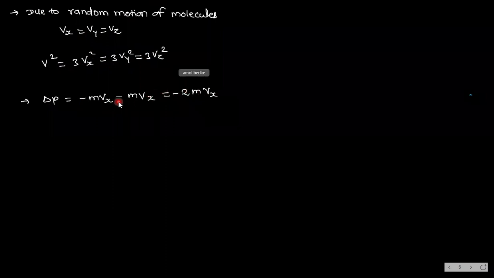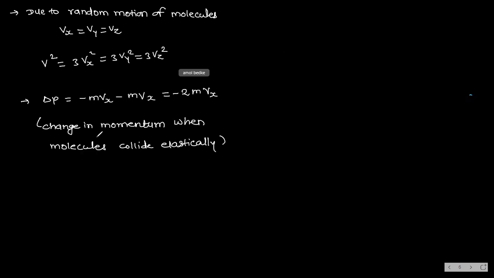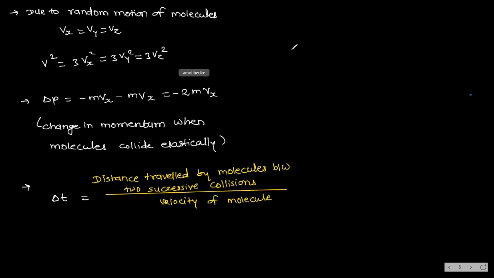Pf minus Pi. Pf is minus mVx, Pi is mVx. So delta P, the change in momentum, is minus 2mVx. So this is the change in momentum when molecules collide elastically.